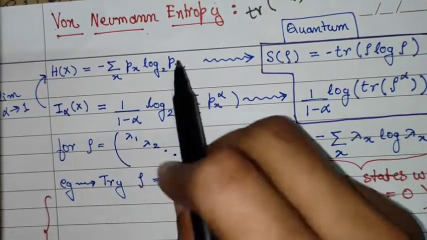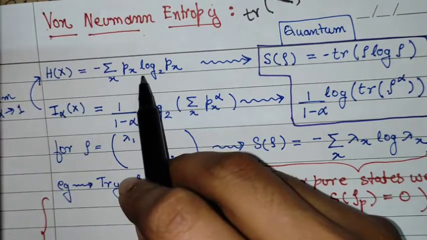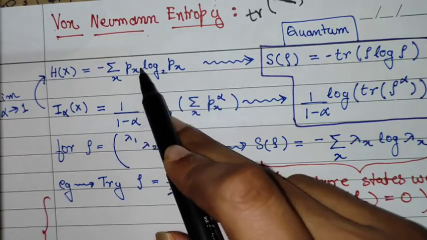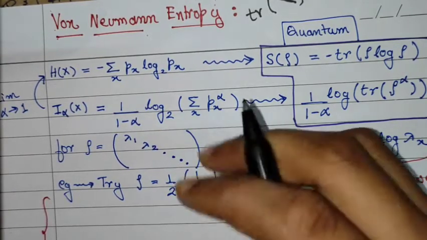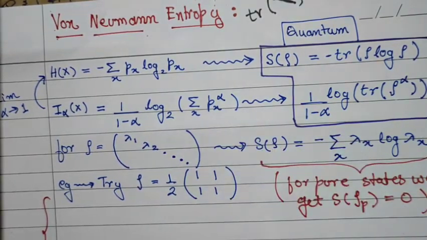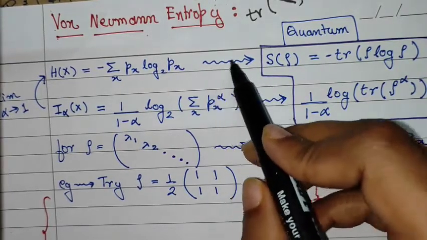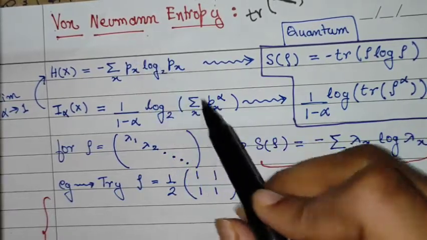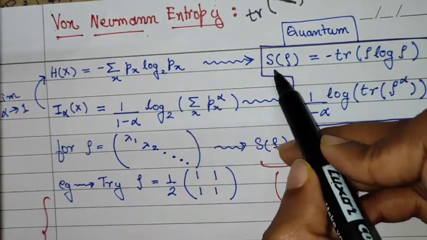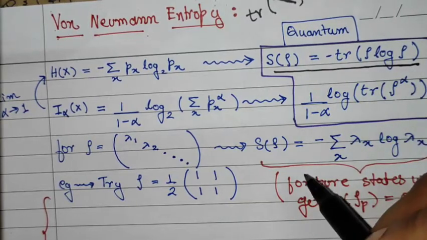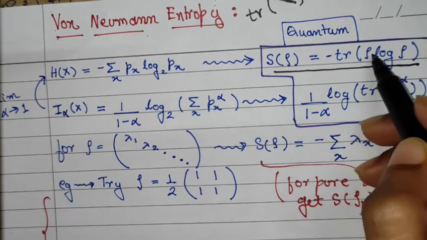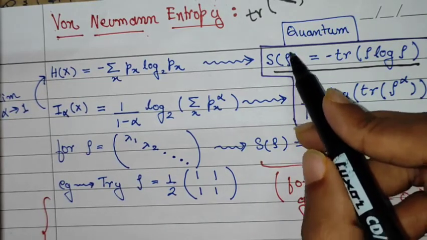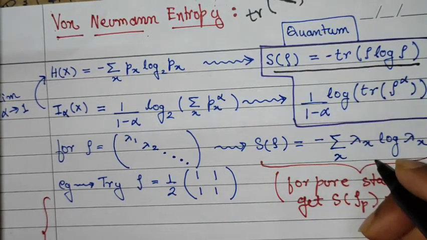So in that sense, we replace summation by the trace, and each of the probabilities we replace by the density matrix, because a density matrix holds all the probabilities. So it is an intuitive way of seeing how von Neumann entropy may be related to the Shannon entropy. By replacing, we get this relation where rho is a density matrix, and this is called the von Neumann entropy associated with the density matrix rho.